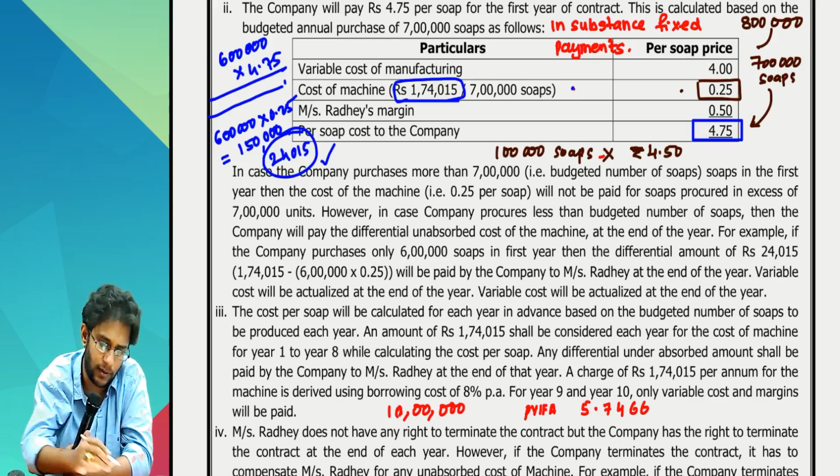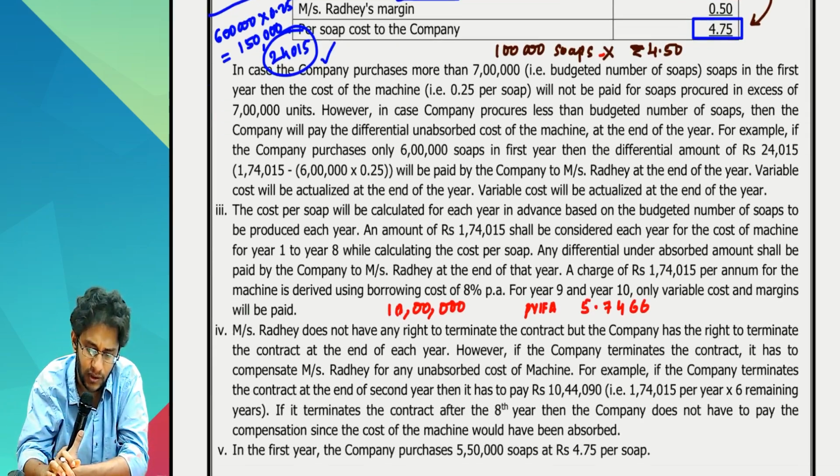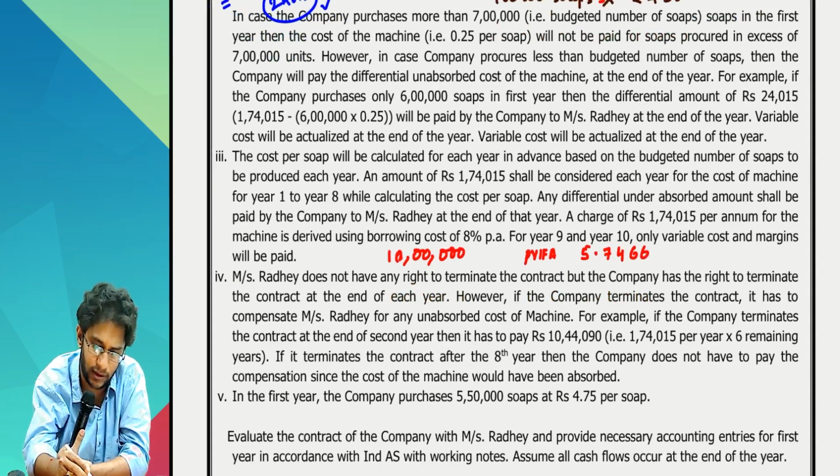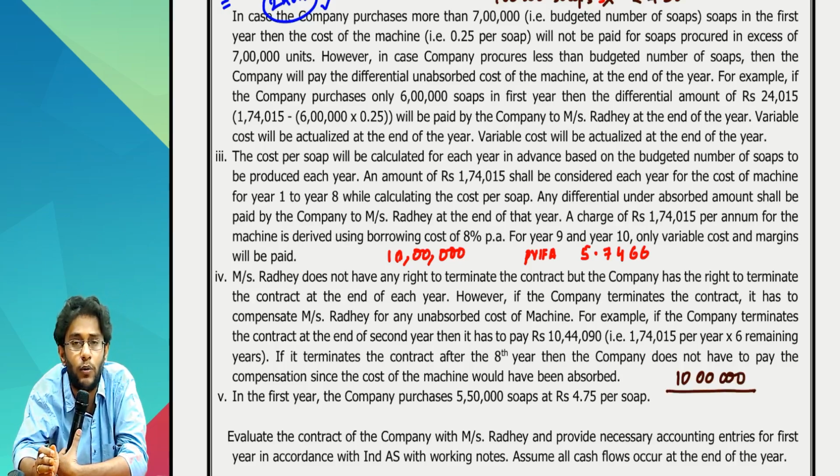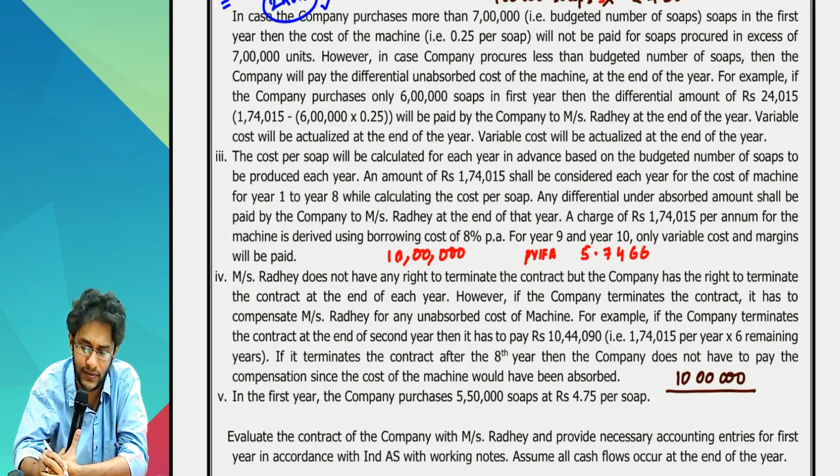So this will become something like you working out equated annual installment in case of a borrowing. Let's say you borrowed an amount of 10 lakh rupees, which is to be repaid over a period of 8 years. Considering interest rate is 8%, PVIFA 8% for 8 years.